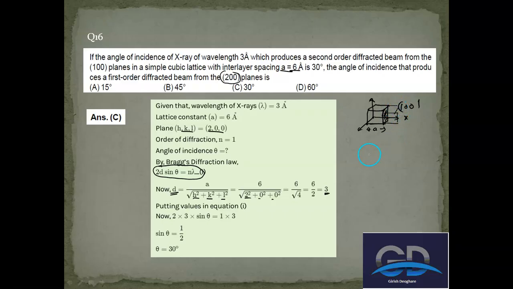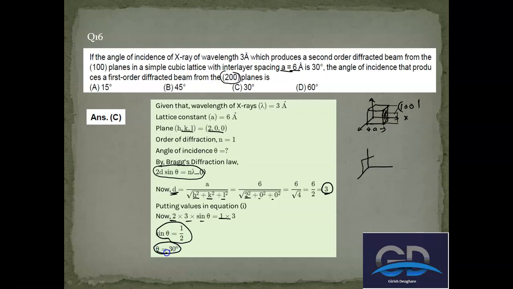However, when you say 200 plane, the distance would be just half. So the planes in the YZ plane perpendicular to the x-axis have a distance between them of a by 2, which is equal to 3. Now putting this into 2d sine theta is equal to n lambda, we get sine theta is equal to 1 by 2.